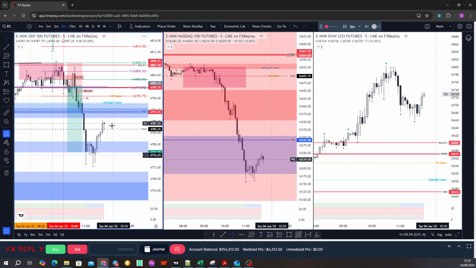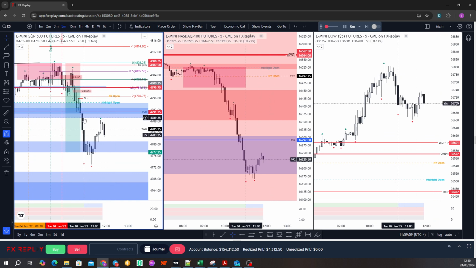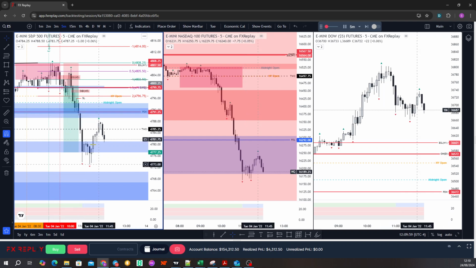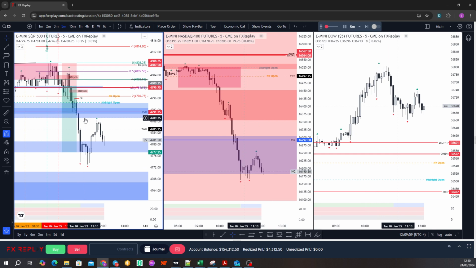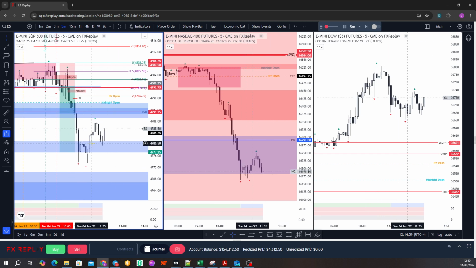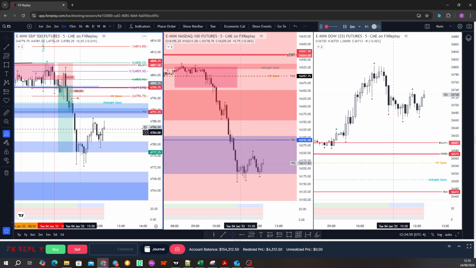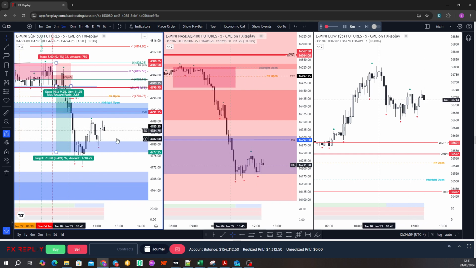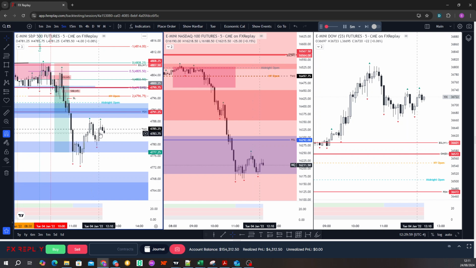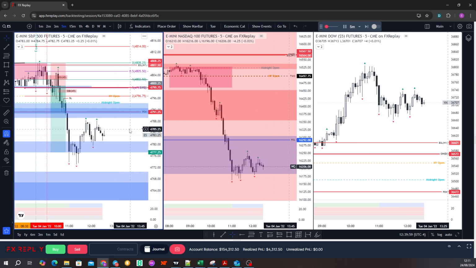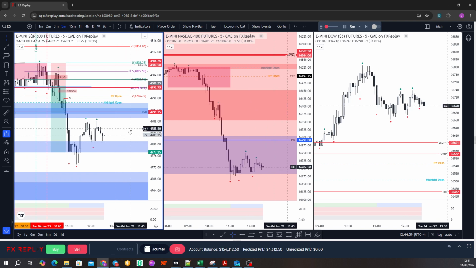Price comes into the fair value gap here, which will give the indication that we could be targeting these lows. Let's see how it trades in this fair value gap here. Let's see, we rebalanced it, so we're going potentially higher. We'll see how price trades into this one. Probably think lower.